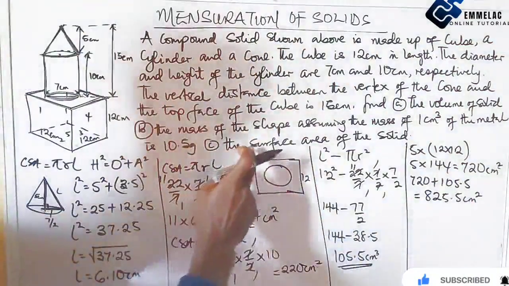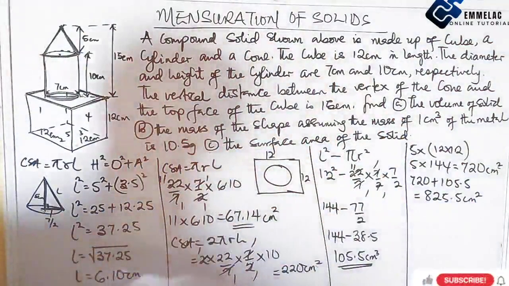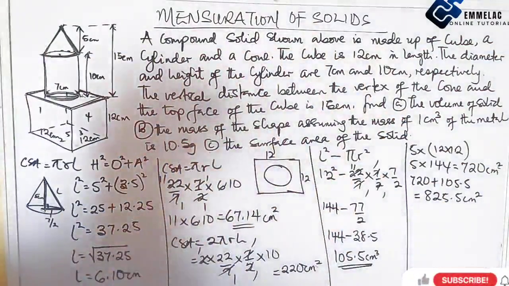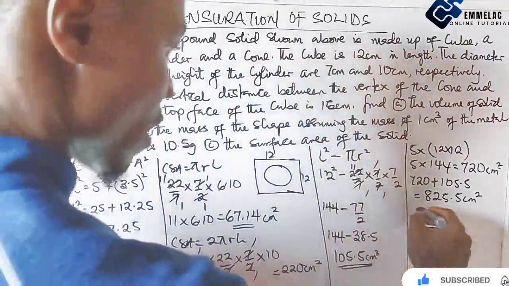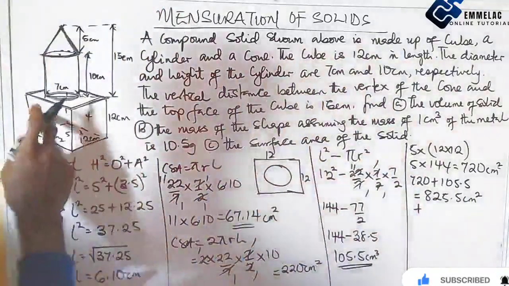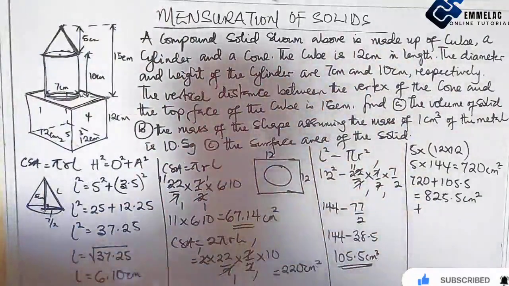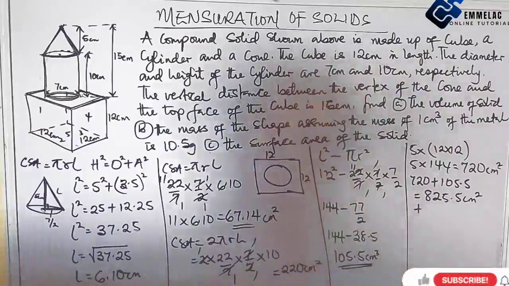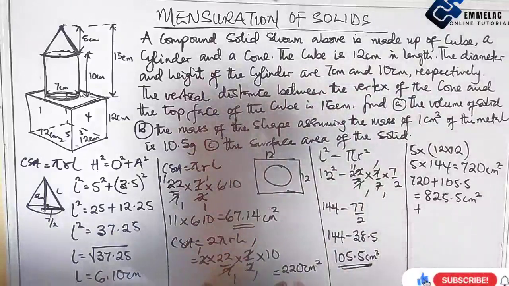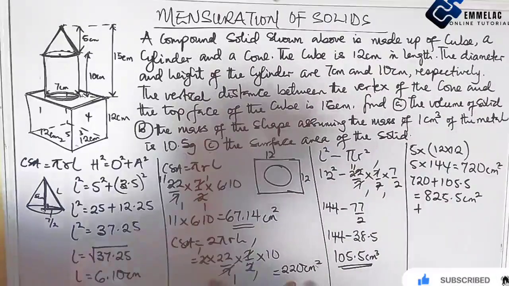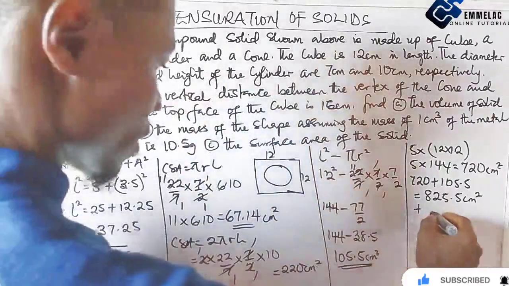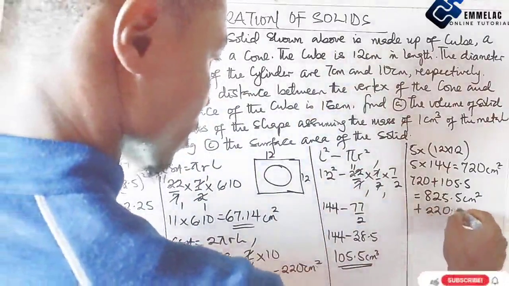Alright, now the surface area of the solid will be this plus this plus this. Okay, so here for the cube, this is it. Now this is for the cylinder, here you have 220.0.